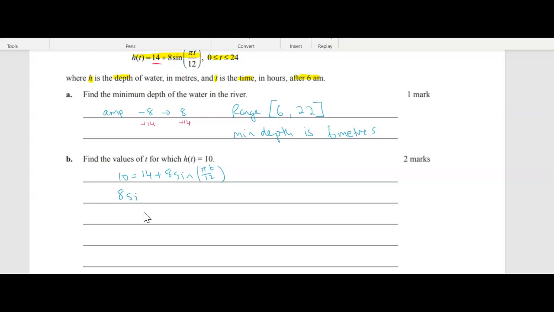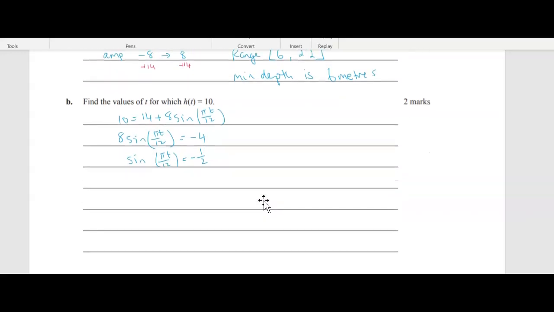So 8 sine pi t on 12, and 10 minus 14 is -4. Divide both sides by 8. It's going to give us -4 on 8, which is -1/2. And then we're going to take inverse sine of both sides.